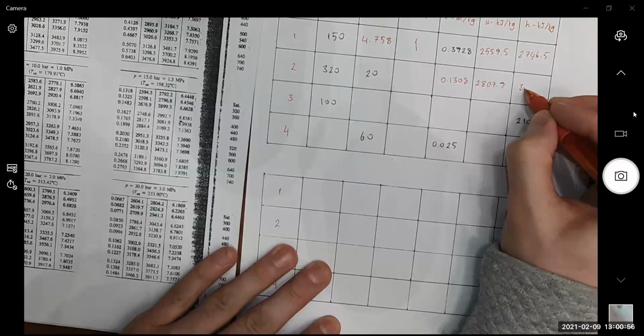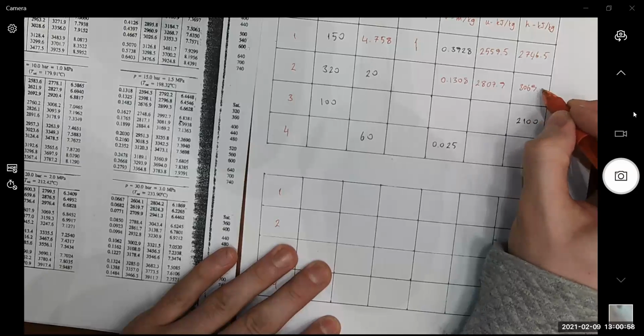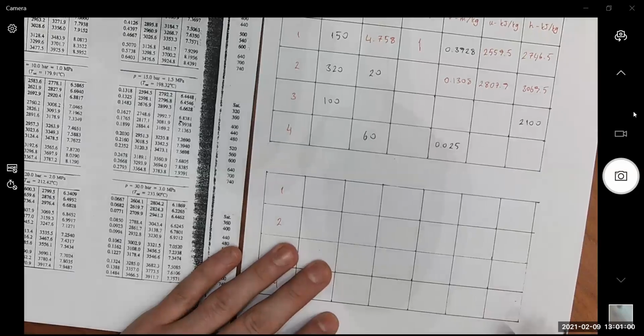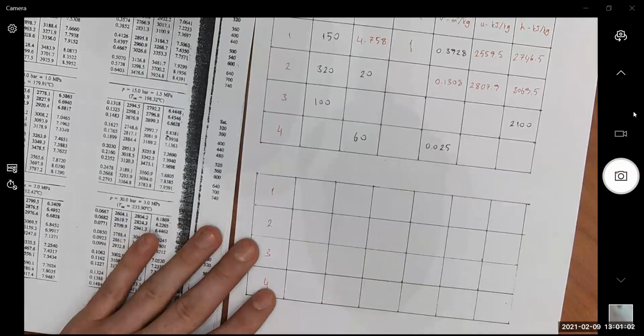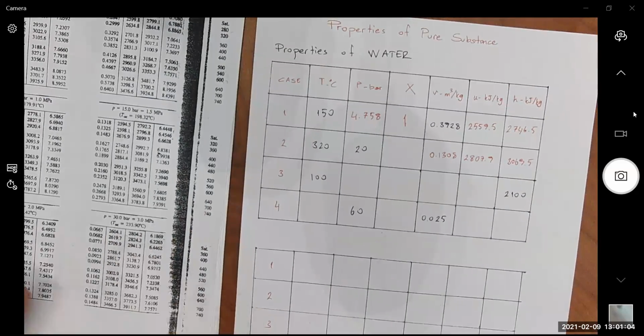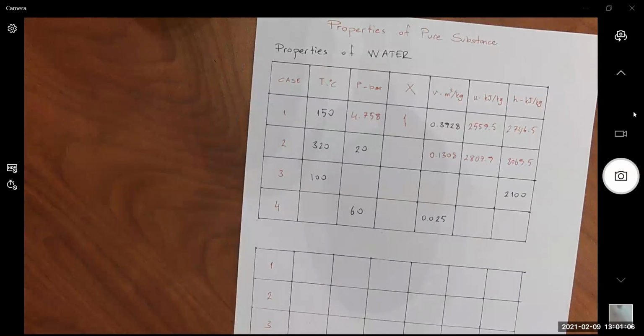Enthalpy is 3,069.5 kilojoules per kilogram. Right?